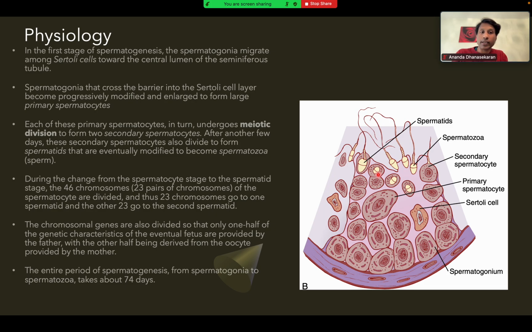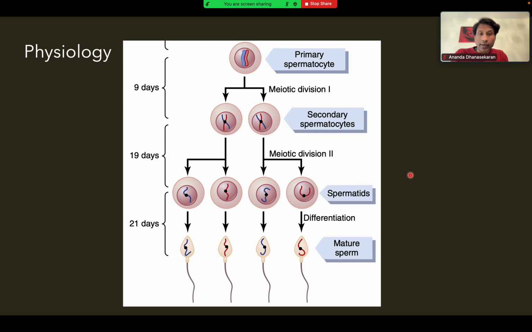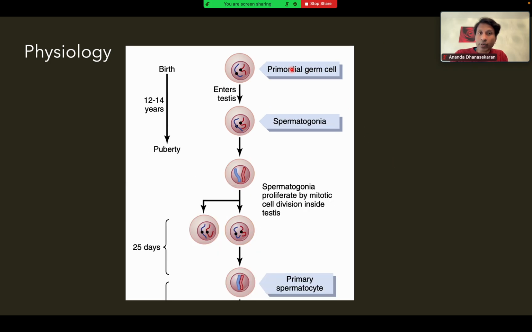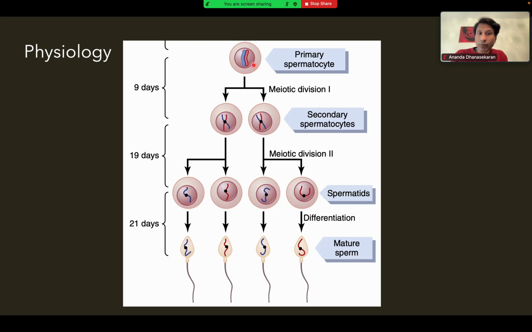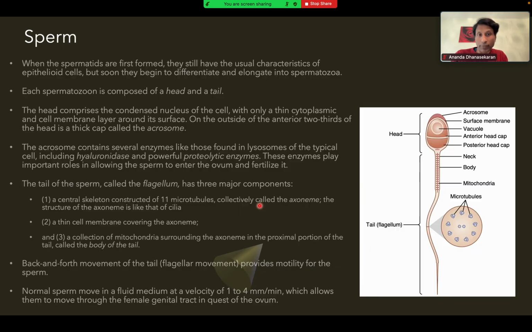It happens in the region of the secondary spermatocyte. And this flowchart told us how the primordial germ cells become spermatogonia, primary spermatocyte, and when the primary spermatocytes become secondary spermatocytes, the chromosomes are halved. So half of the chromosomes come from the father, half from the mother.